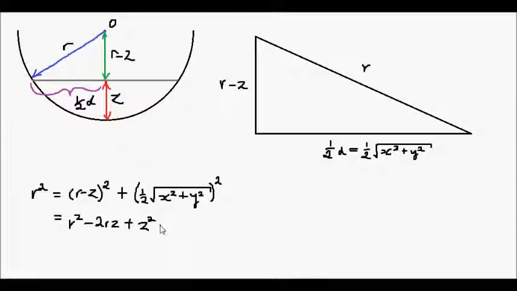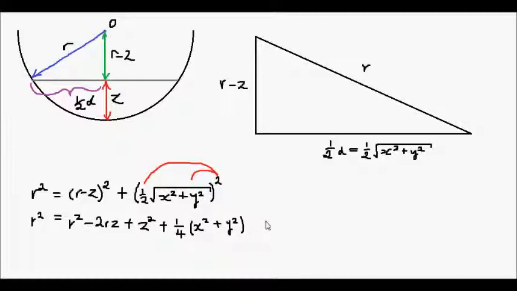And squaring the other term will give me 1/4 times (x squared plus y squared), as I've simply expanded this square into the brackets according to my index laws. So r squared is equal to r squared minus 2rz plus z squared plus 1/4 times the sum of x squared plus y squared.